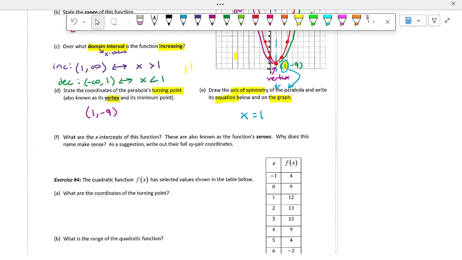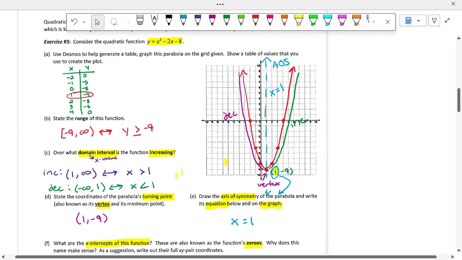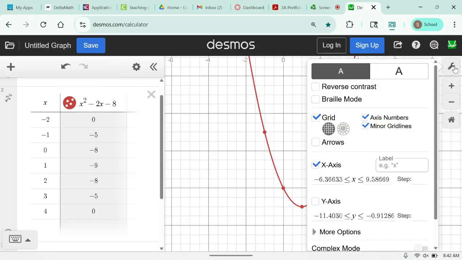Now, the x-intercepts of the function. Now, these are also known as the function zeros. So we already graphed the x-intercepts in this case, but if we, for whatever reason, didn't, remember, you can always go to Desmos, and I'm going to put the y-axis back.